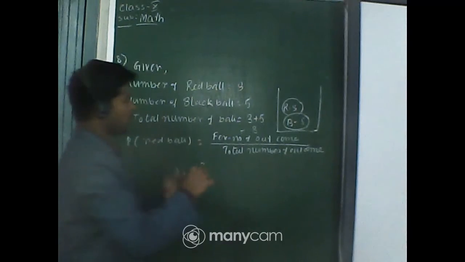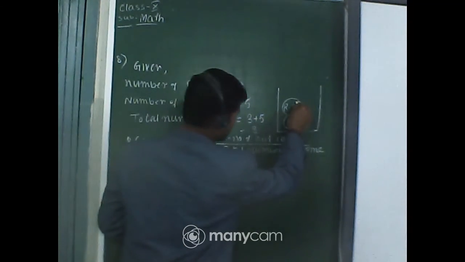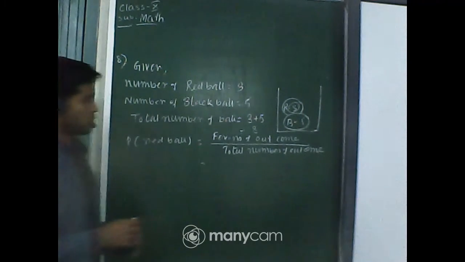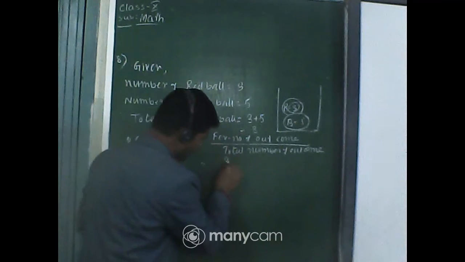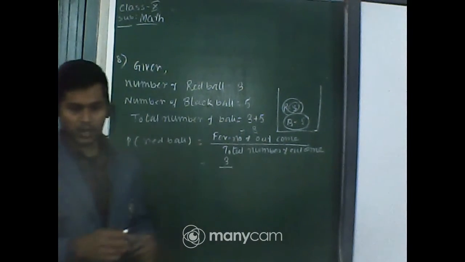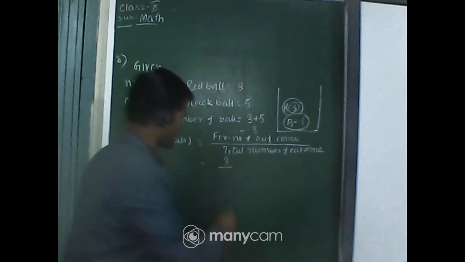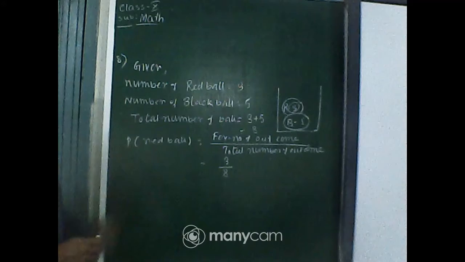So what is the favorable number of outcomes? Because there are 3 red balls, the favorable number of outcomes is 3, divided by the total number of outcomes. The total number of outcomes is the total number of balls in the bag, that is equal to 8. So 3 by 8 is the probability of getting a red ball.